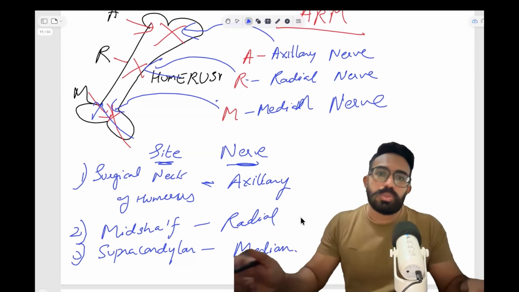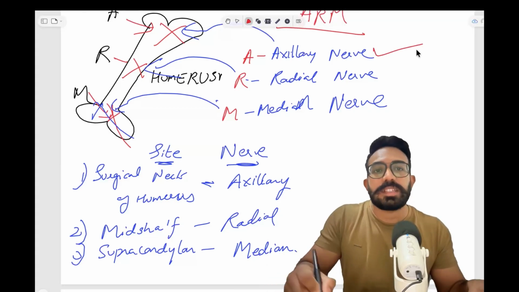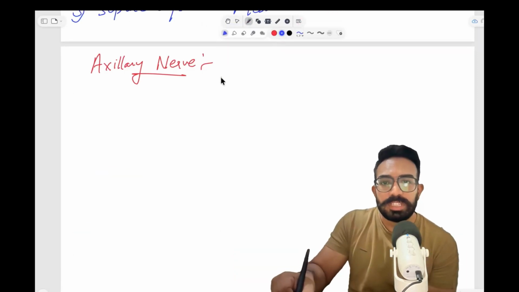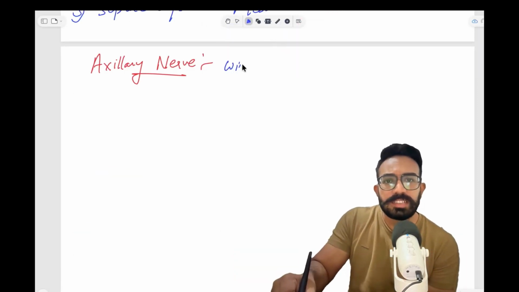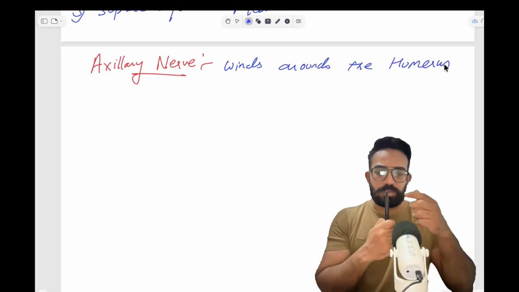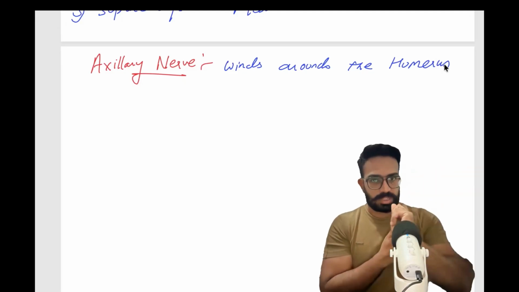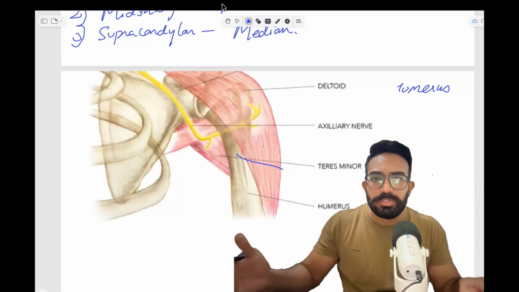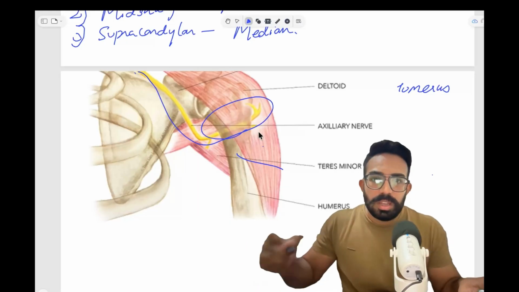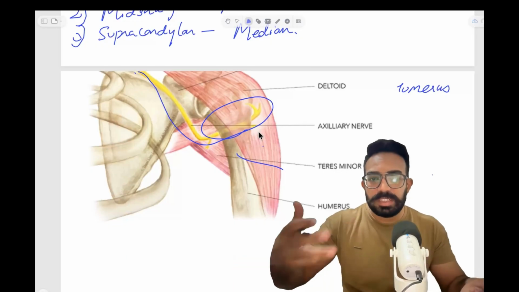What we will now do is pick the axillary nerve and discuss it in more detail. One thing about the axillary nerve is that it winds around the humerus. Here's a diagram where you can really see the nerve circling the humerus, specifically the neck of the humerus.